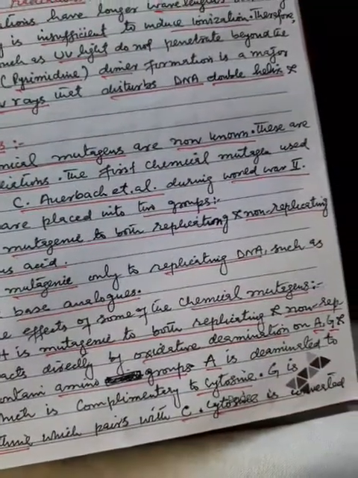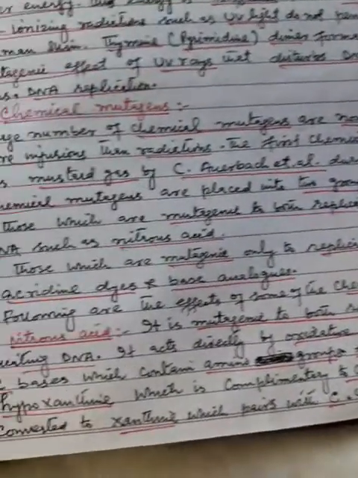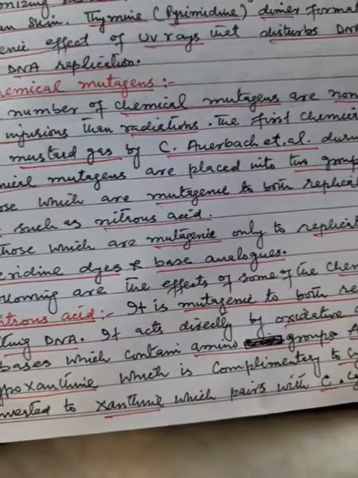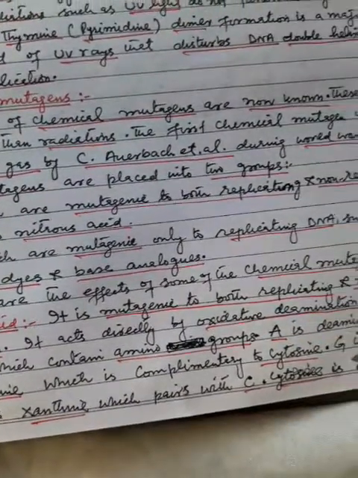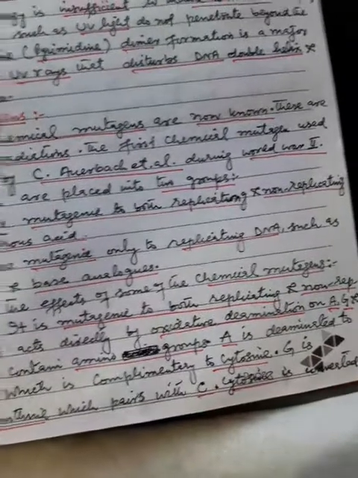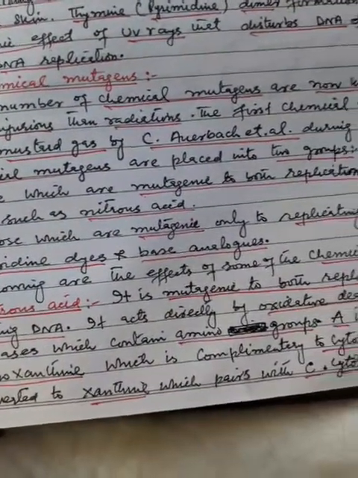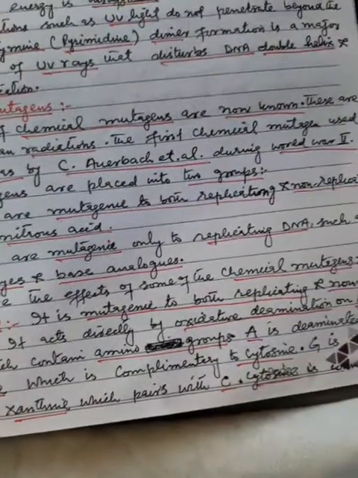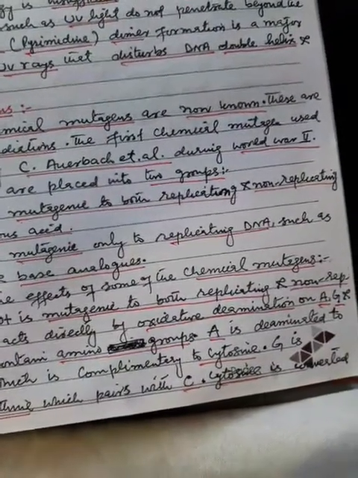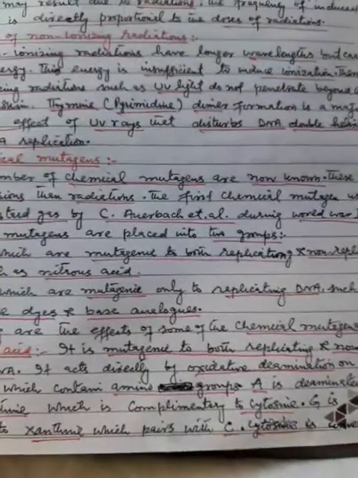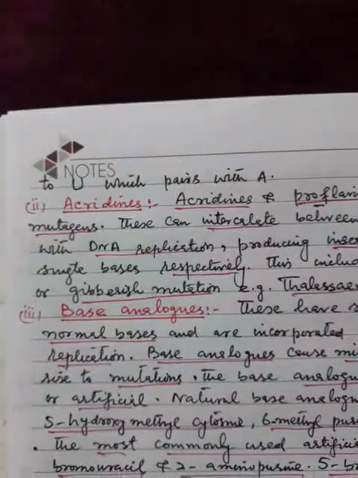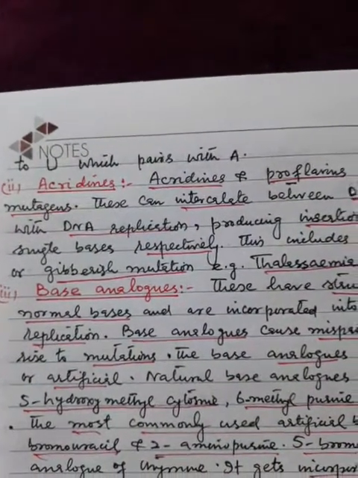A is deaminated to hypoxanthine, which is complementary to cytosine. G is converted to xanthine, which pairs with C. Cytosine is converted to U, which pairs with A.